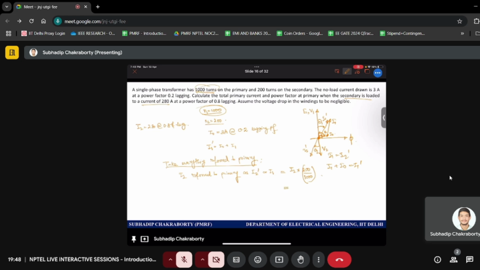So how much is it coming? It is coming around 56 ampere, right? So this is the RMS value. But this current has a power factor of 0.8, as you can understand.